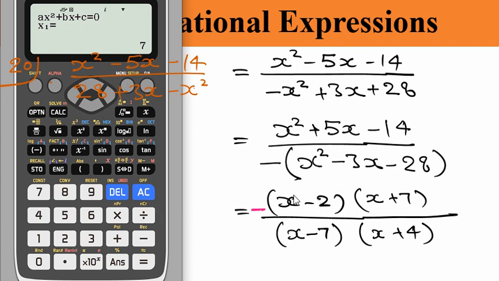Now let me do one thing. Let me try from here, okay? Can we cancel something out? So what I will do now in this case, I will take it as it is. I will not take the negative sign here from outside. I will take -1. So a is -1, b is plus 3, and c is plus 28. Now let's try.